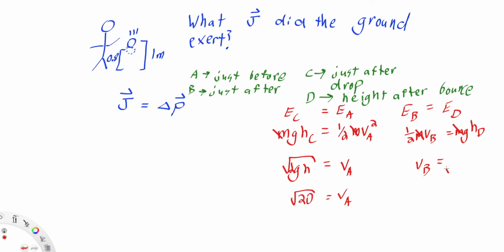So vB is the square root of 2GH. H here is 0.8. So we have 0.8 times 2 is 1.6 times 10 is 16. So that's just 4. Yep. Very good catch, Addison.